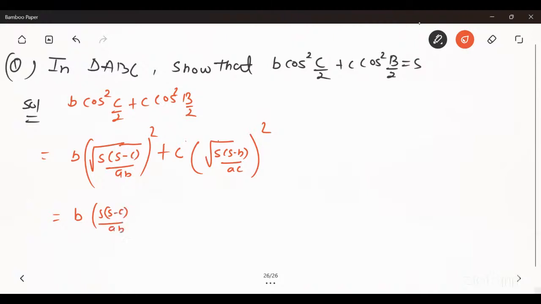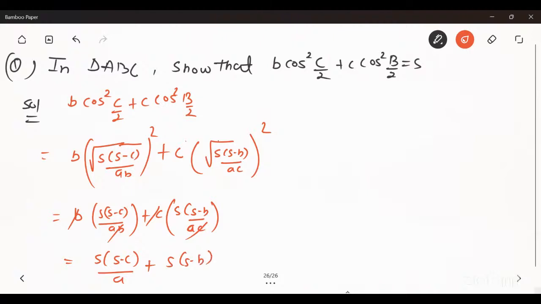upon ab plus c times s (s minus b) upon ac. Now c will be cancelled, b will be cancelled. Okay, so you will get s (s minus c) by a plus s (s minus b) by a.